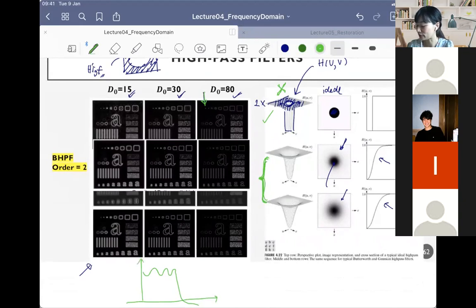I haven't really worked on it so much, but it's just another type of filter. If you want to know more, you might have to look at the cases where they are really used. But here we just show the smoothness of these filters compared with the ideal filter.